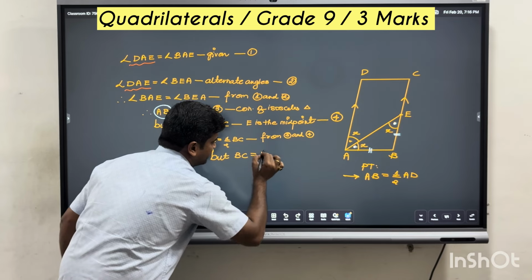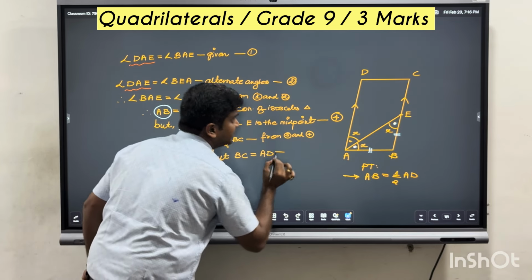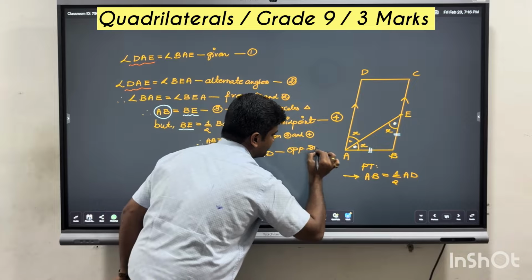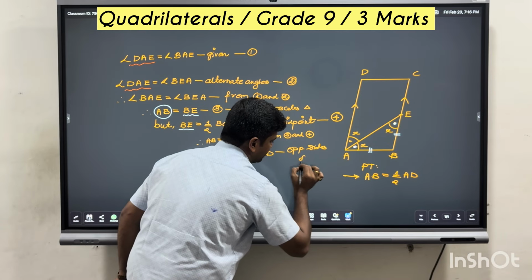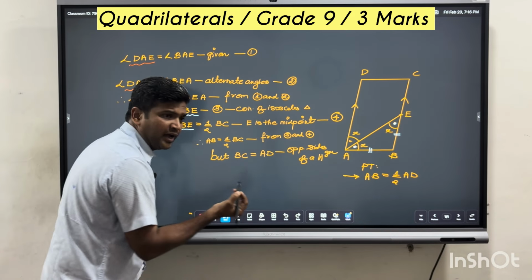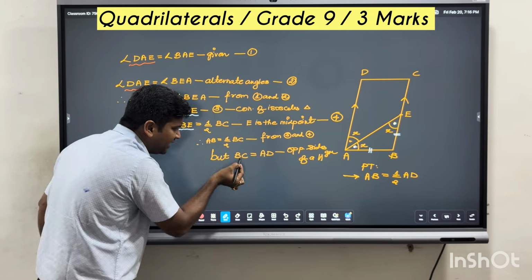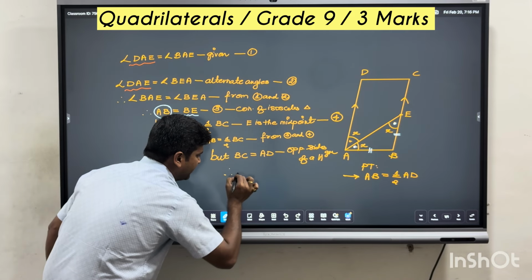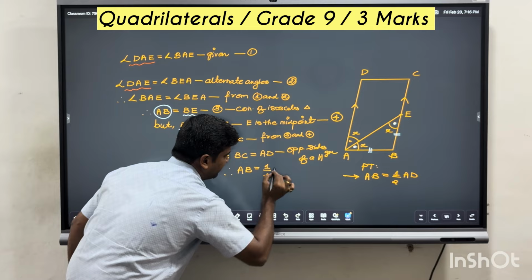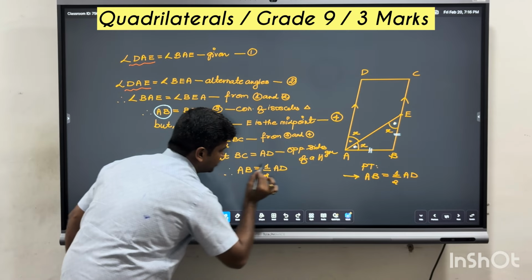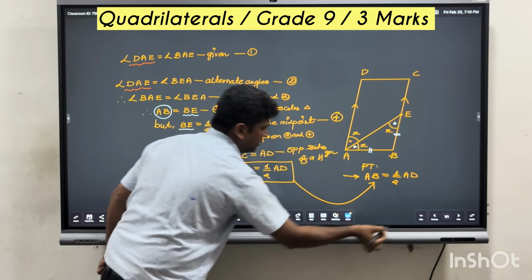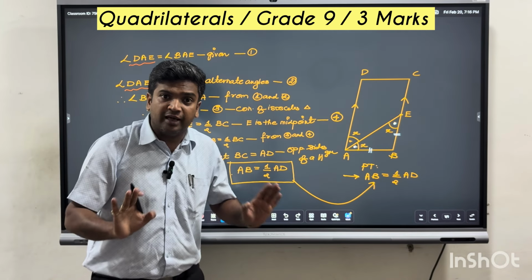BC is equal to AD, and the reason is opposite sides of a parallelogram. Now, since BC is equal to AD, I can just replace. So AB becomes half of AD. So AB is half of AD. Just check what we wanted to prove: AB is half of AD, and it's all done.